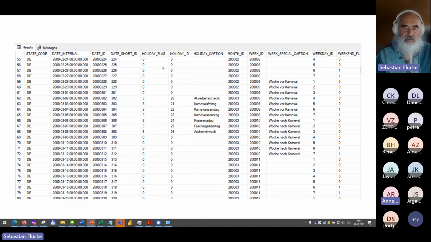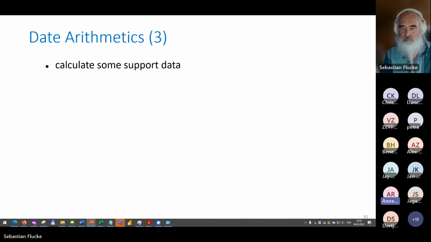So that is a short part of such a date table for 2000. We have here some of the holidays with the respective marks, with the week caption, and things like that. Only to give an idea how that kind of date table is prepared.